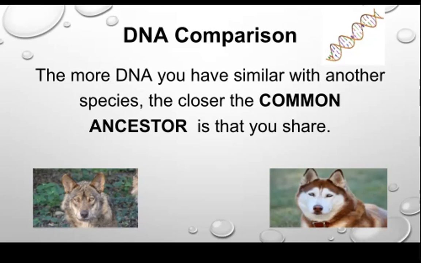So, let me make it very clear. We are not saying that you evolved from any of these animals. What we are saying is that due to so much shared DNA, you are related to them somehow. There is a distant common ancestor that you share, and the more DNA you share, the closer that relative is.